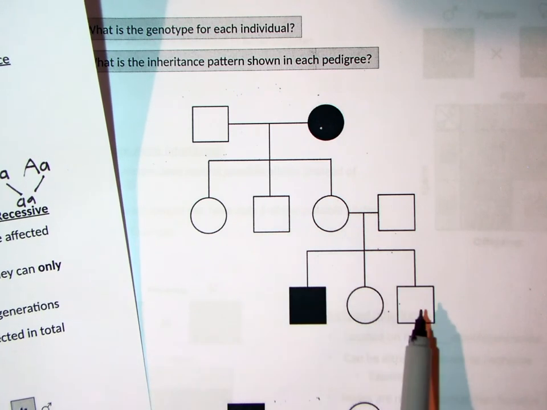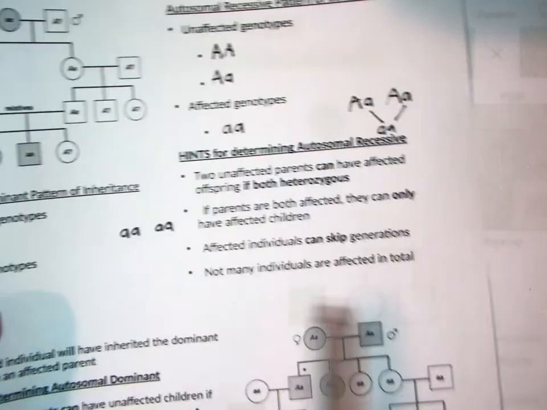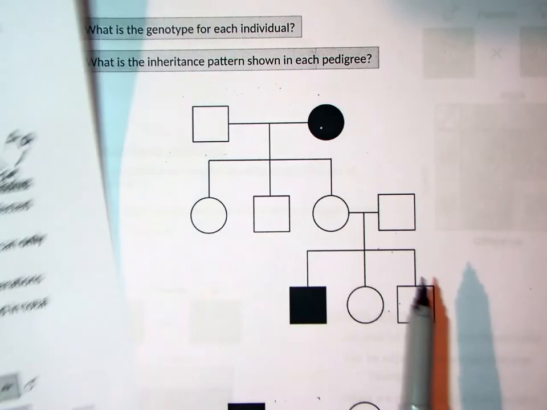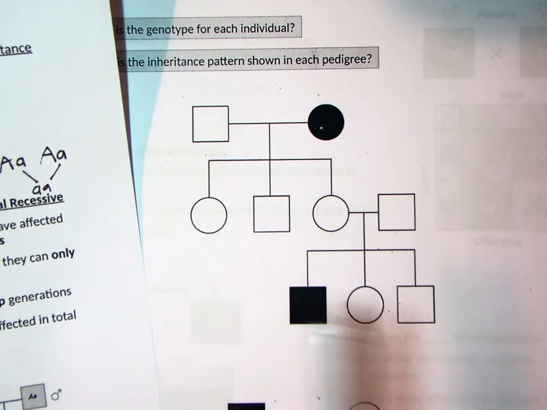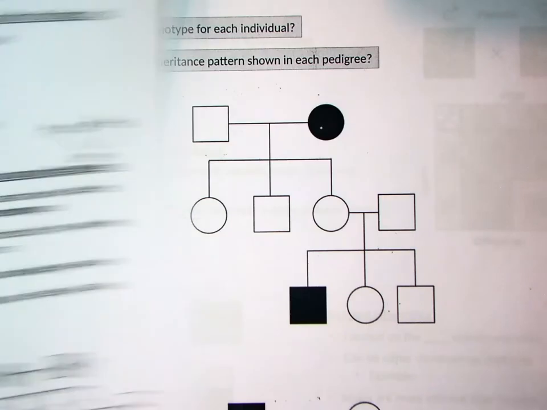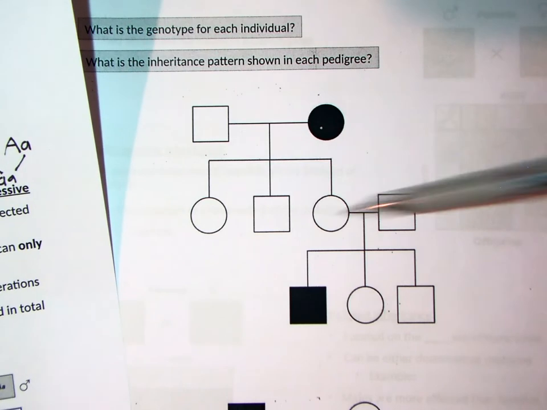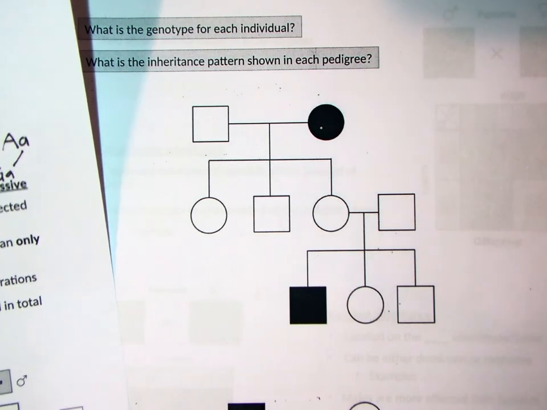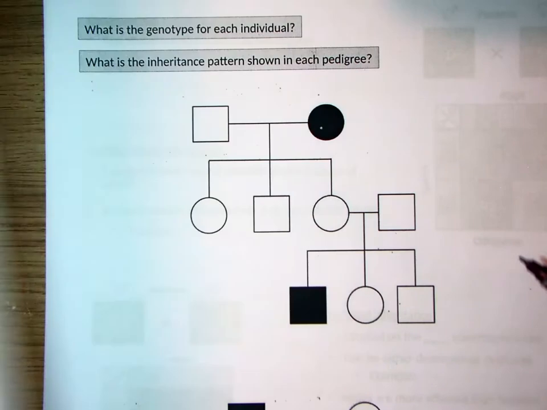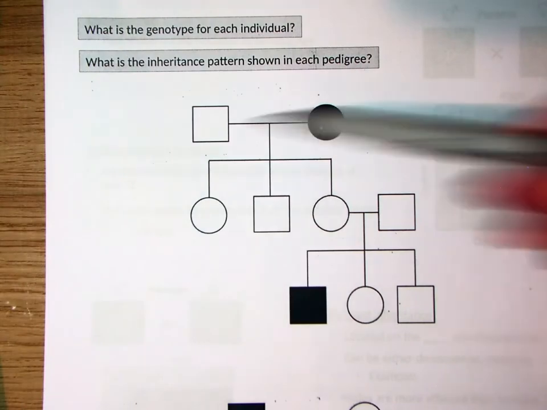If both parents are affected, they can only have affected children. We don't have a case where both parents are affected here. Affected individuals can skip generations. That's what happened here. They skipped a generation. And not many individuals are affected in total. So 2 out of 1, 2, 3, 4, 5, 6, 7, 8, 9. I mean, it's not a huge amount.